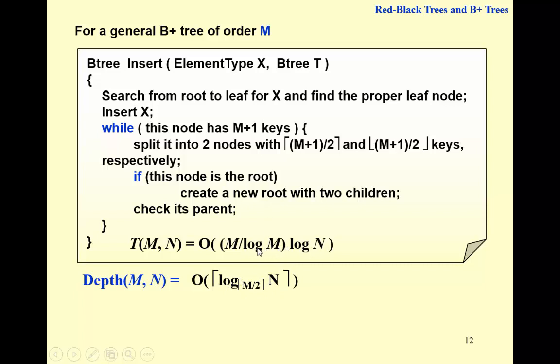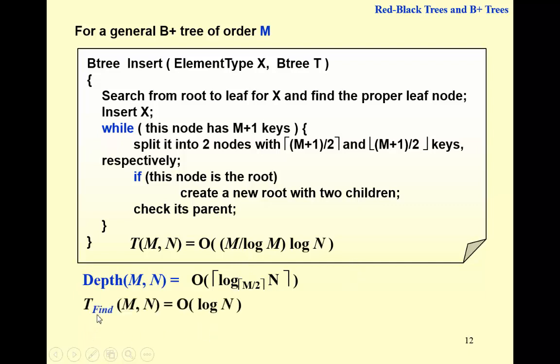Now you see that m is not only on the denominator but also on the numerator. This function is not a simple decreasing function. When m gets larger, this function might turn into an increasing function eventually. So it's not the case that we should make m as large as possible.